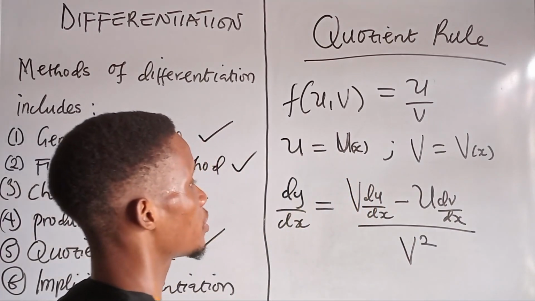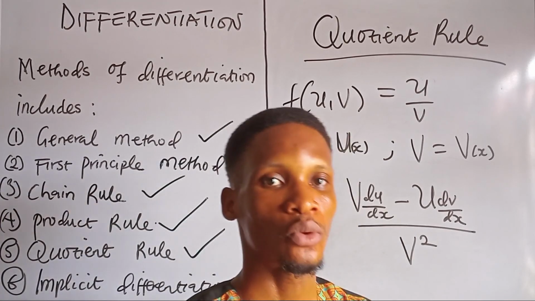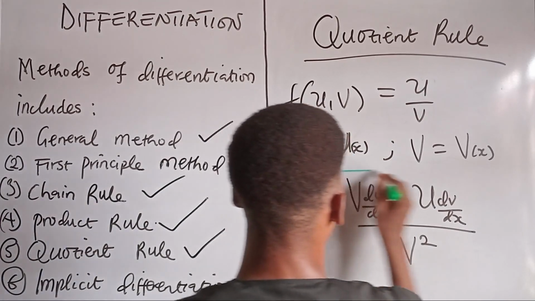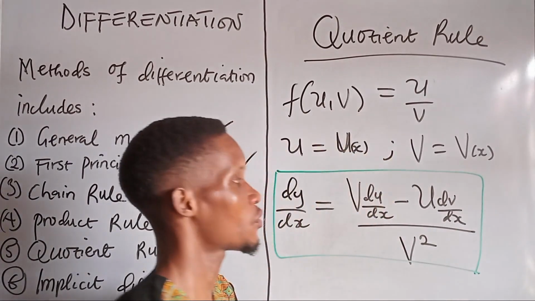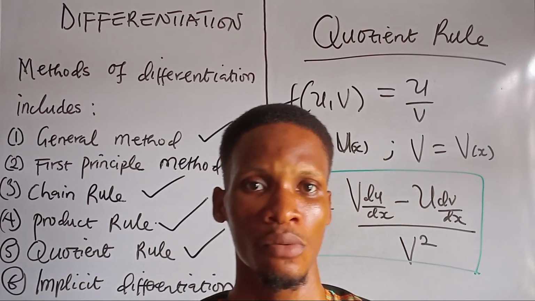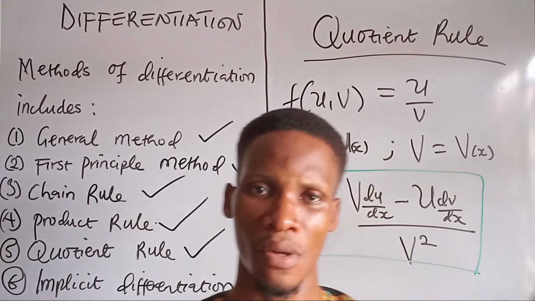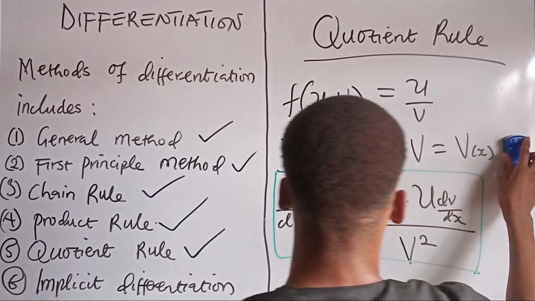So this particular formula is what we call the quotient rule. This is the formula you're going to apply whenever you are solving quotient rule questions. So let's look at some examples that we will apply the quotient rule to solve.